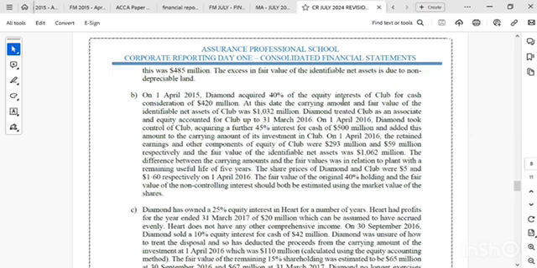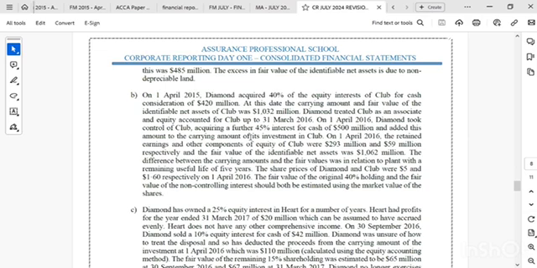The share prices of Diamond and Club were $5 and $1.6 respectively on 1 April 2016. The fair value of the original 40% holding and the fair value of the non-controlling interest should both be estimated using the market value of the shares.